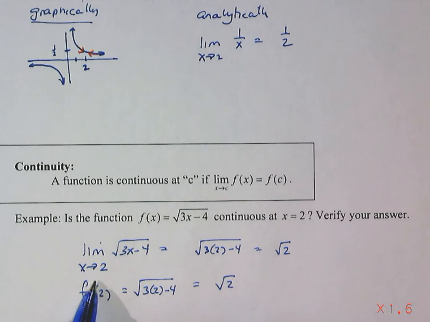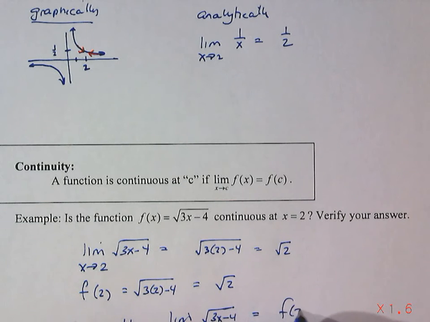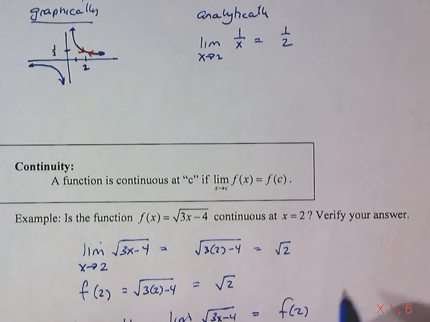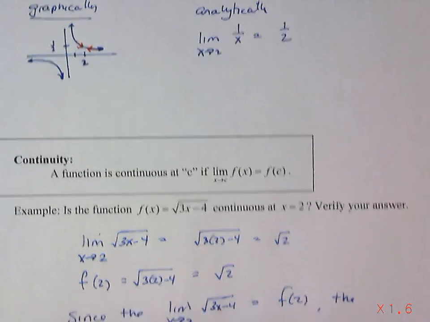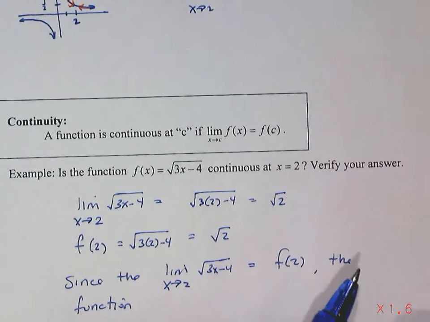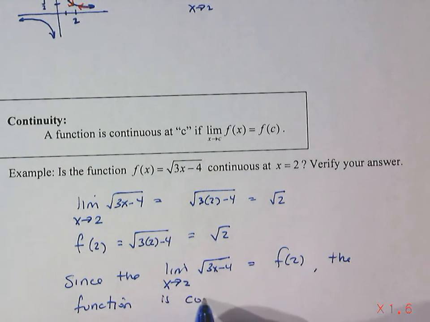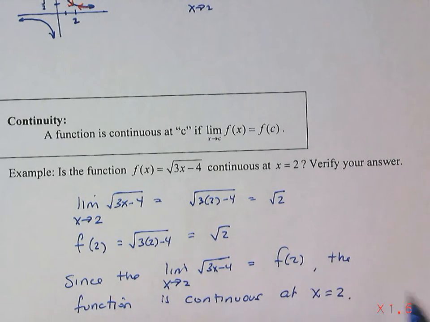Since the limit as x approaches 2 of the square root of 3x minus 4 equals f of 2, the function is continuous at x equals 2.